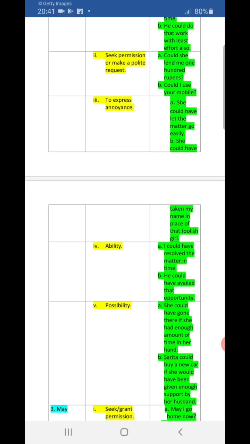Next, number B. She could have taken my name in place of that foolish girl. So, any selection or purpose of anyone's selection is there, and someone is rejected for some purpose or any kind of purpose as such.